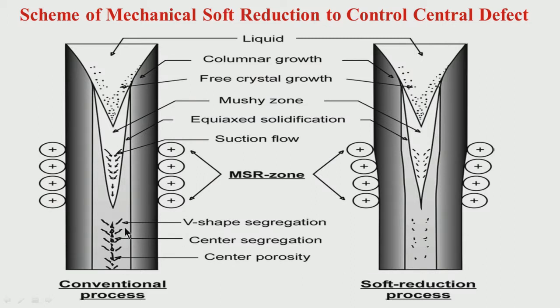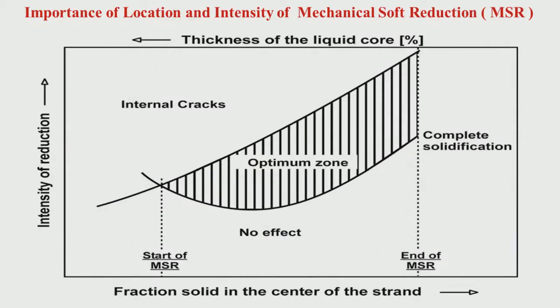Instead of concentrating at the center, segregation, porosity and cracks are distributed, almost eliminated. If you can give an adequate amount of soft reduction, you may not get central porosity at all, or central crack formation at all, because shrinkage is getting compensated. This is an important concept.